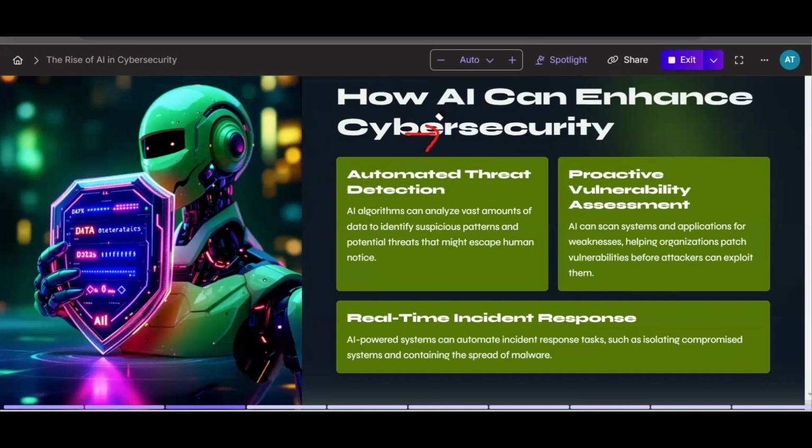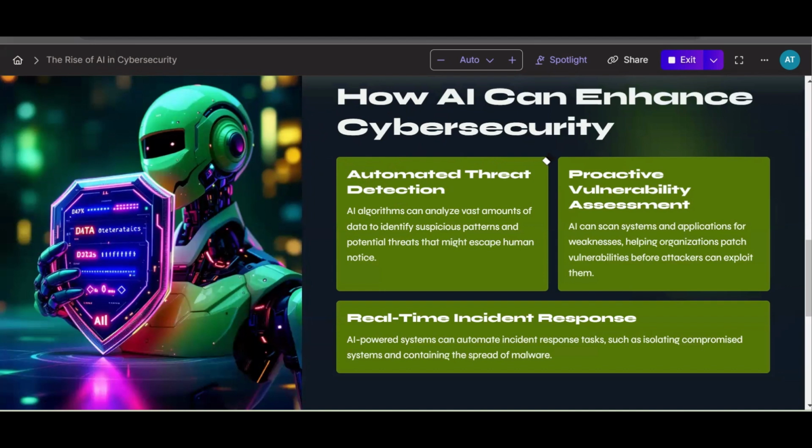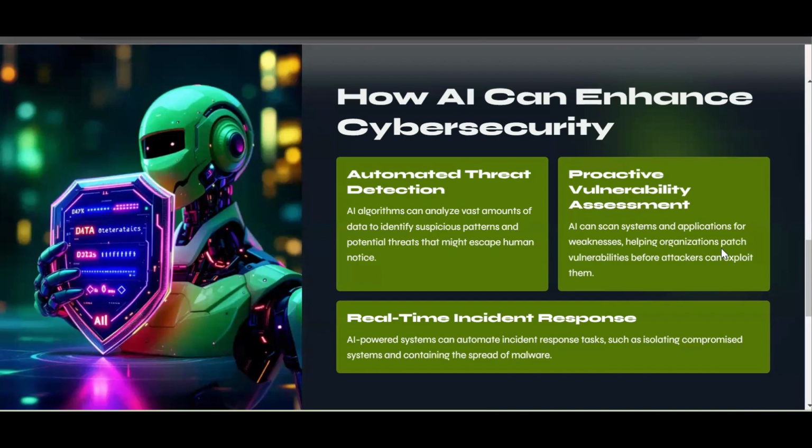So with the use of AI, we are automating threat detection. We are proactively assessing our systems against vulnerabilities. We are having an automated real-time incident response to deal with an incident straight away without wasting any time. As I said, time is very critical in these situations because the moment the incident happens, the quicker you deal with it, the less damage it can cause.